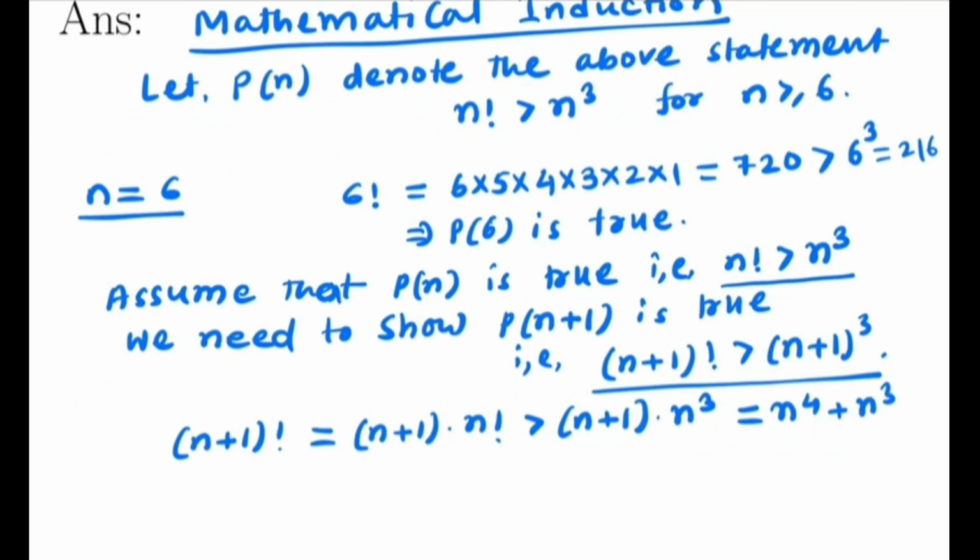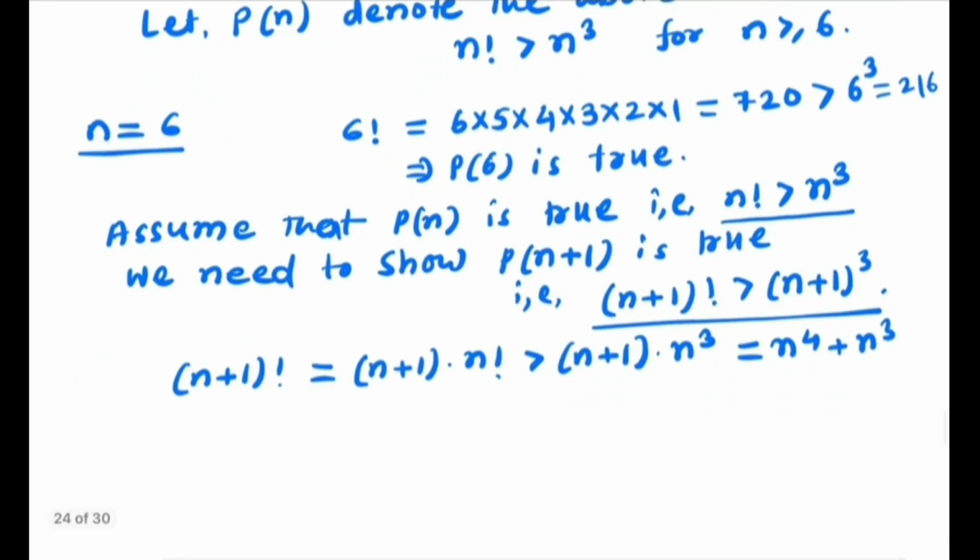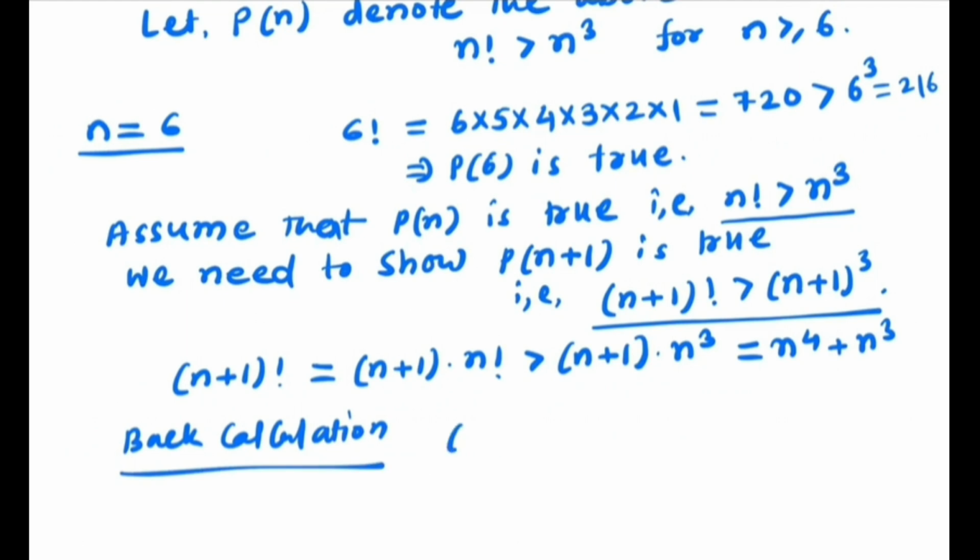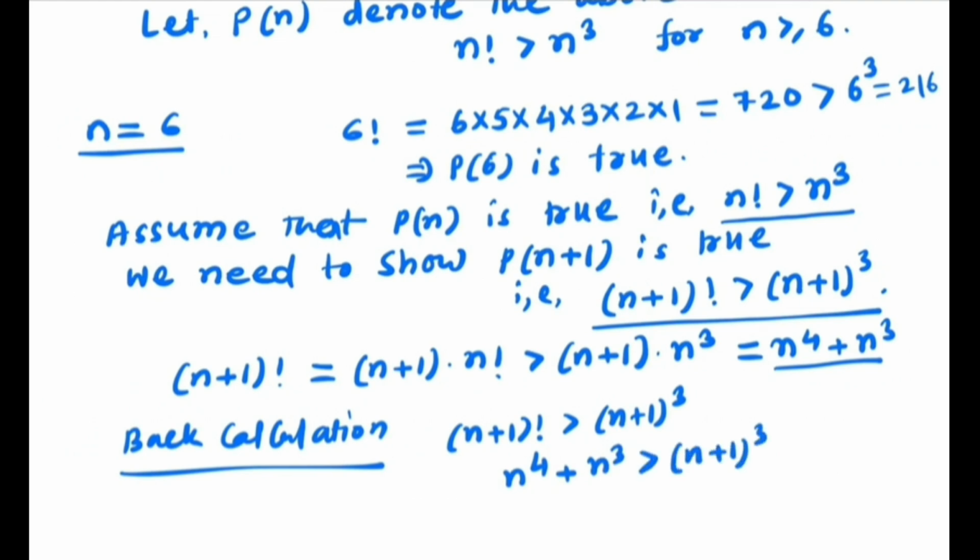Now what we need to show? This is just back calculation. We need to show that n plus 1 factorial is bigger than n plus 1 cube. And we already have this one. So basically we need to show that n^4 plus n cube is bigger than n plus 1 cube.